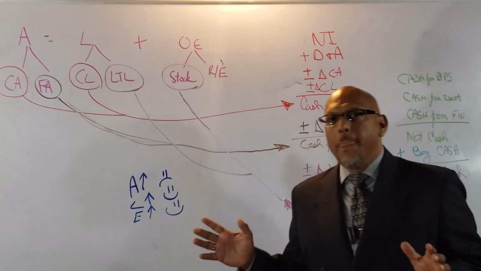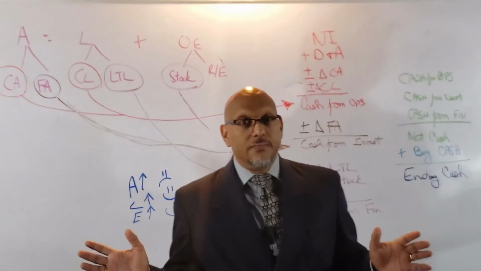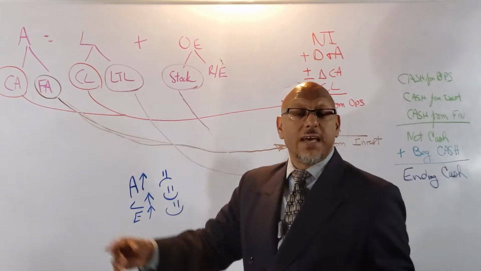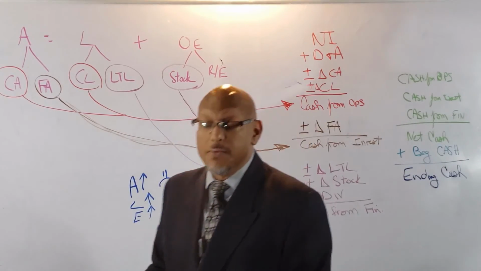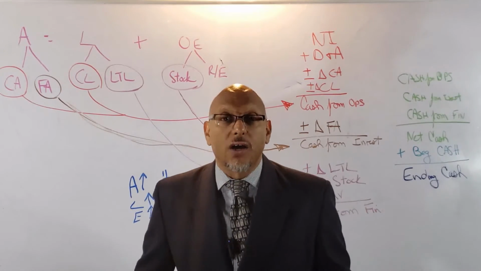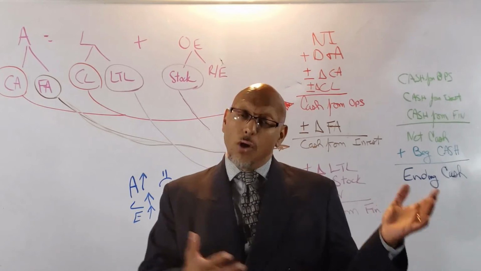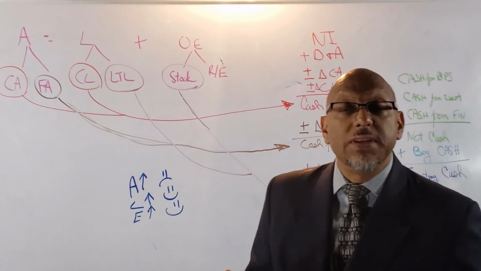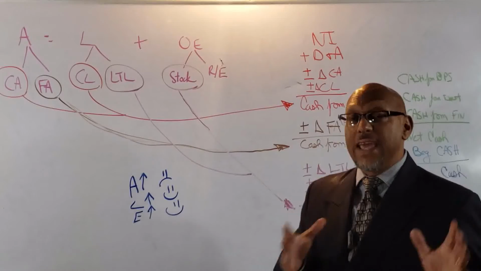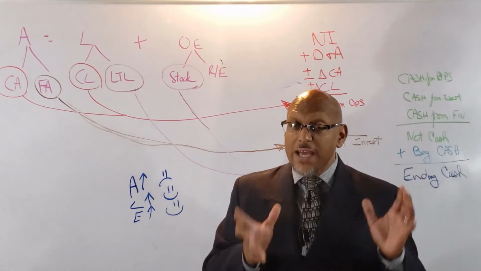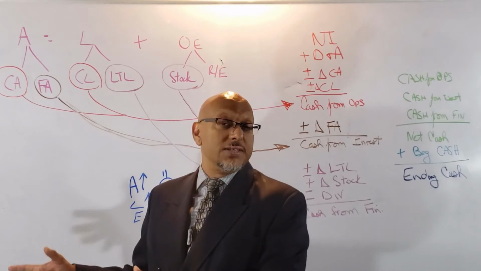You buy a car for cash. That car is an asset, right? It's a fixed asset. It's going to last you more than a couple of years. But what did you have to do to get that car? Good looks? No, you went and got cash. Whether you financed it or had cash completely in your hand, you still had to get cash from a bank or from your pocketbook to give to the dealer or the seller of the car.